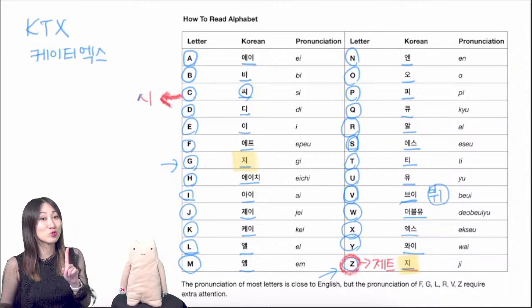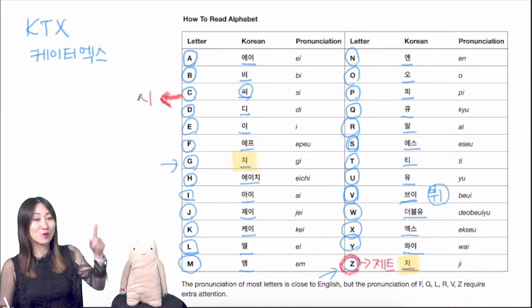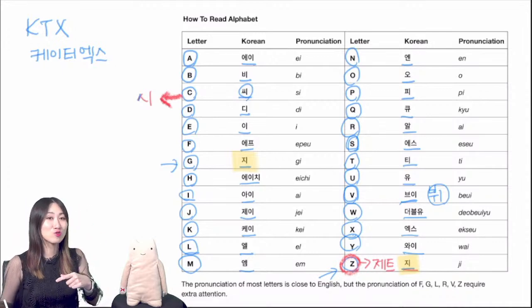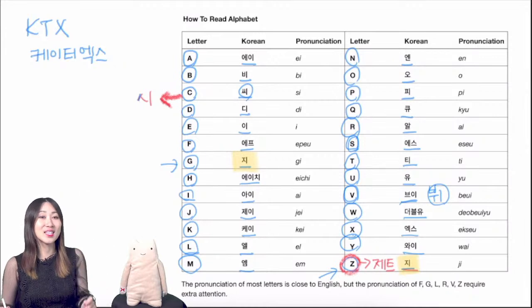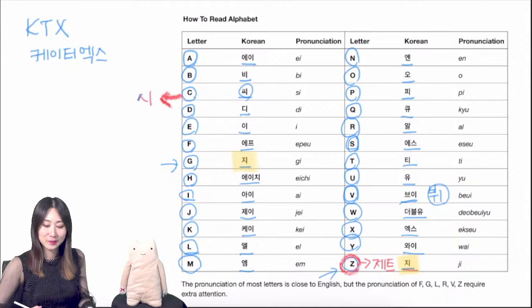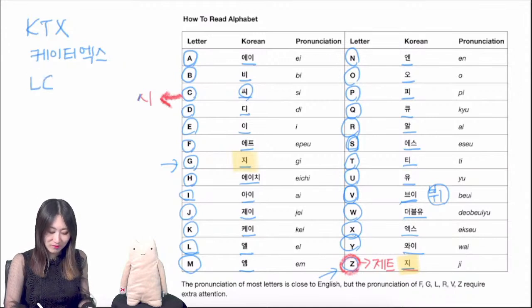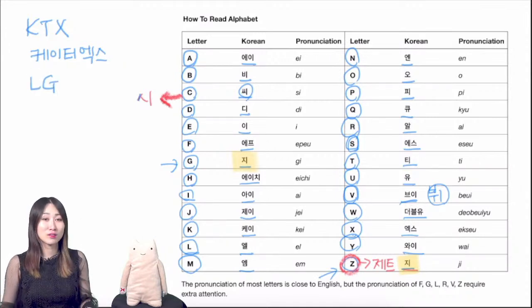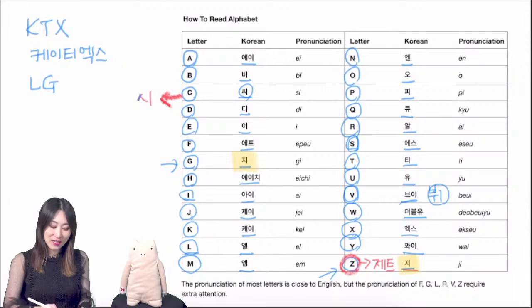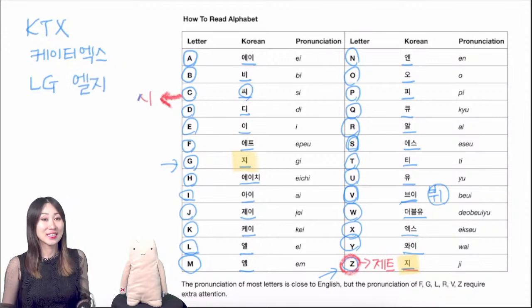So if you travel in Korea from Seoul to Busan, you might take this train, the KTX. And do you know this brand that makes televisions, fridges, lots of home appliances? It's a very popular Korean brand, and their name is LG. This is how Korean people read it.